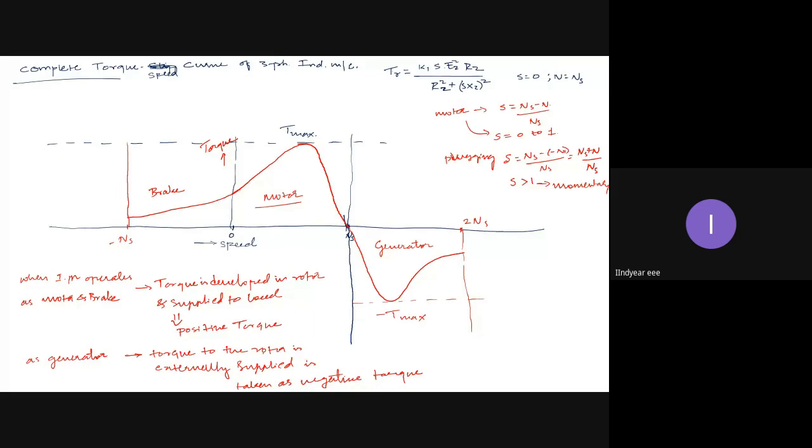Okay, then we will move to the next topic and next module, power stages in induction motor. Actually, the first topic is the phasor diagram of the induction motor and its equivalent circuit.